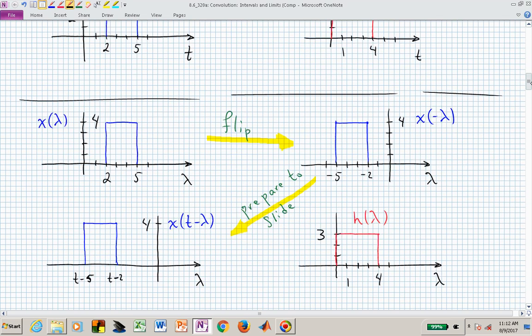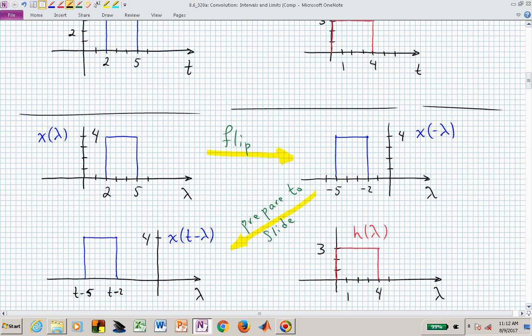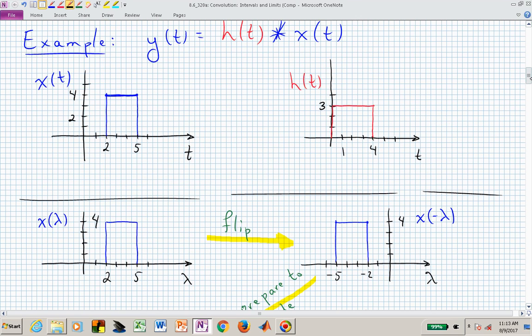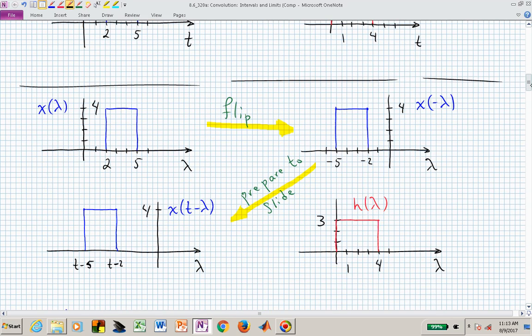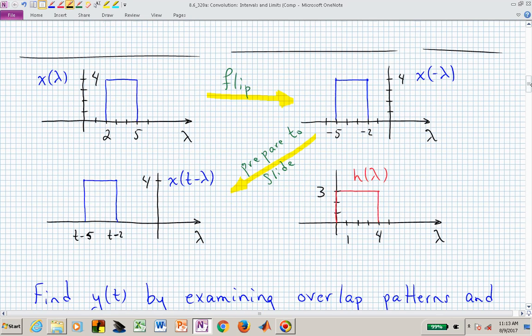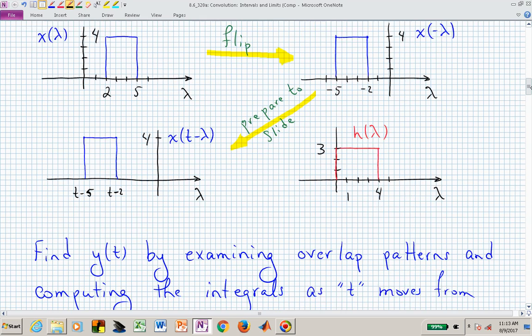We've already looked at a video where we flip and prepare to slide x by creating x of t minus lambda. I'm assuming now that you are comfortable with progressing from x of t to x of t minus lambda. H of lambda is just a copy of h of t, with t replaced everywhere with lambda.